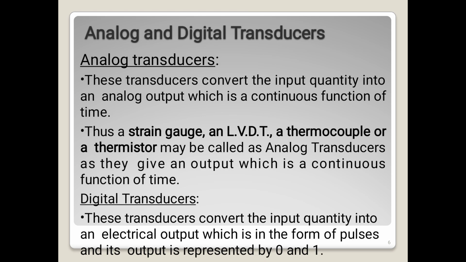Digital measuring instruments are very easy to build and maintain. Digital signals can be transmitted over a long distance without any distortion, amplitude variation, or frequency variation. So it is more convenient, and we are moving to digital transducers, since the output is a discrete signal of zeros and ones.